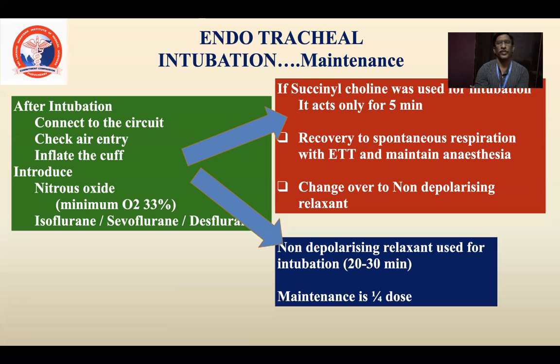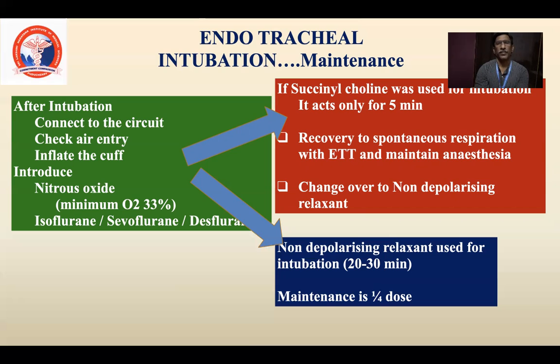There we are not going to give neuromuscular junction blockade agents. When the patient recovers from succinylcholine, the patient will continue on spontaneous respiration. But if you are going to use controlled ventilation throughout the surgery, we change over to non-depolarizing relaxants.